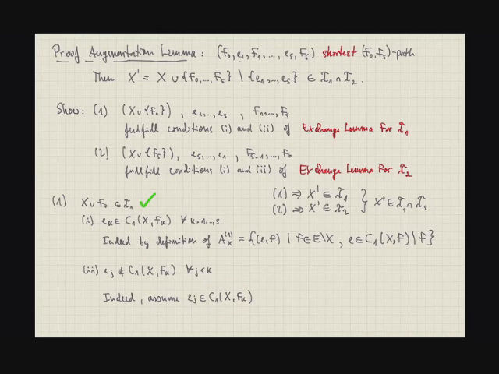Now let me just copy paste the path that we use. So that's the path F0, E1, F1, etc. up to Ej, Fj, etc. up to Ek, Fk, and remember here our assumption is that index j is smaller than index k, up to Es, Fs.